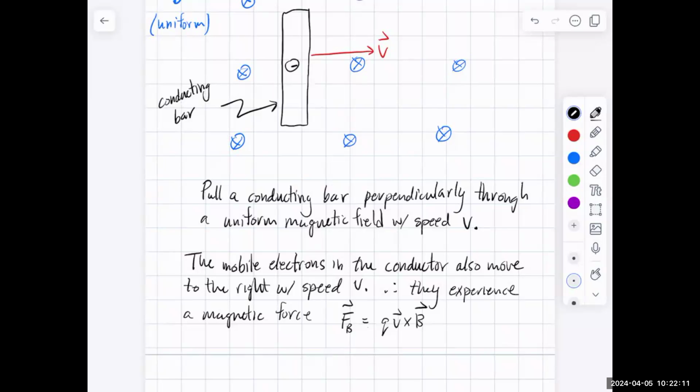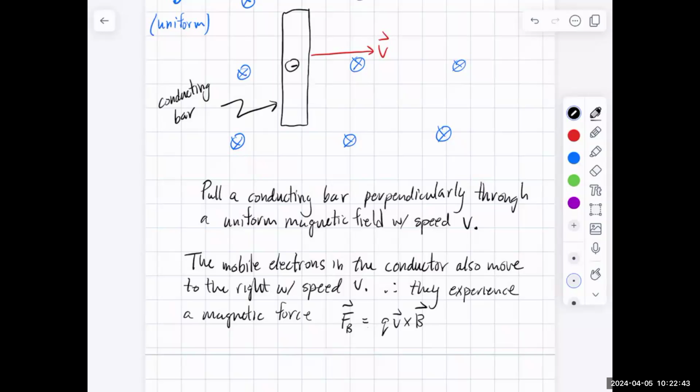And then I'm going to curl my fingers to be in the direction of the magnetic field. B is into the screen, so I point my fingers into the screen. And my thumb gives the direction of a force that a positive charge would feel. But we're talking about an electron, which is negative. And so if my thumb points up, a positive charge would experience a force upwards. Therefore, our electron experiences a downwards force.